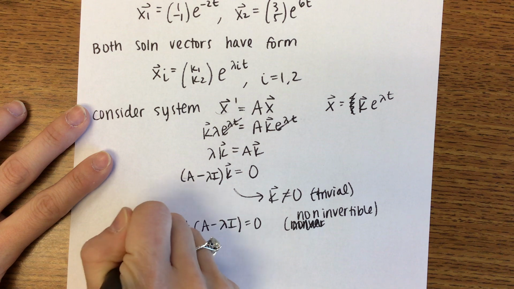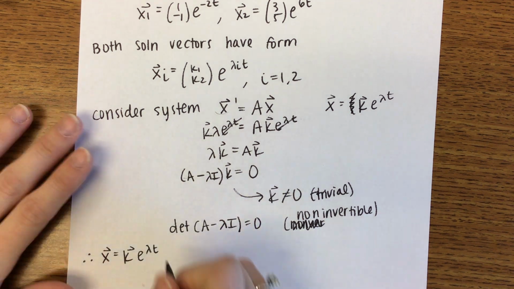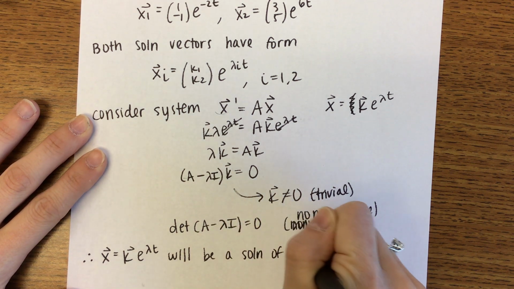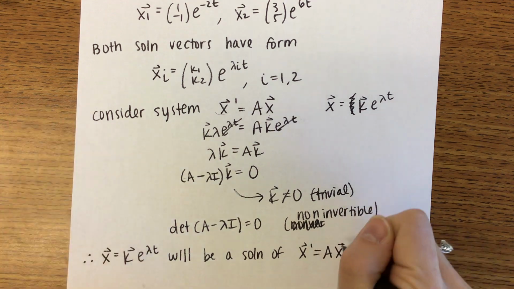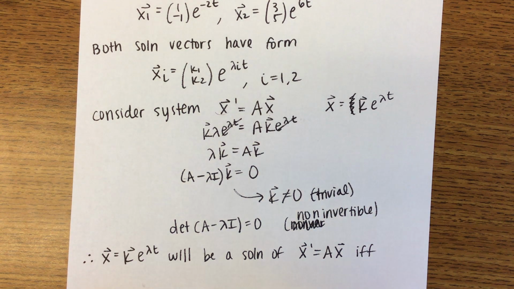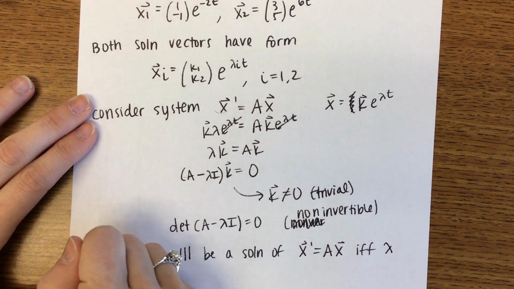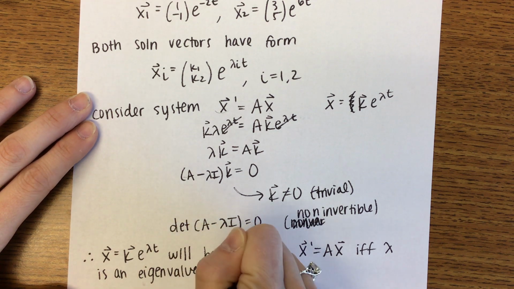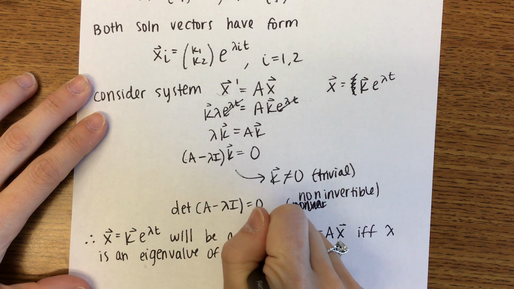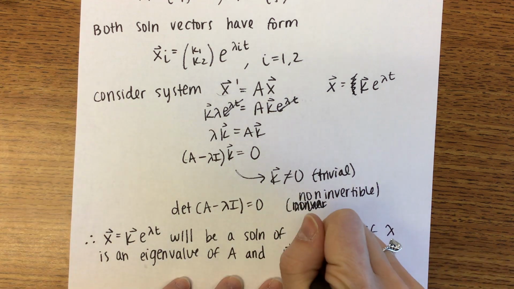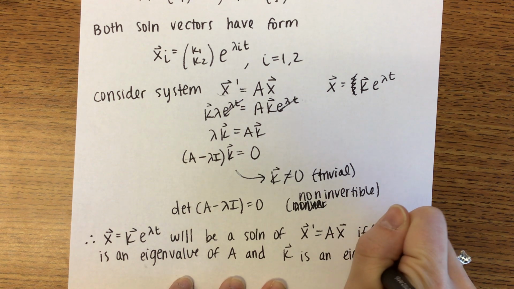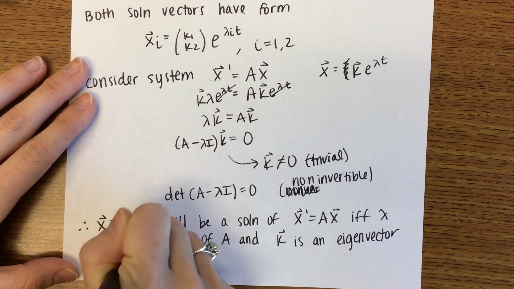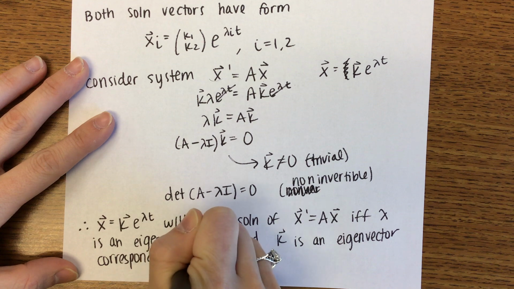Okay, so here's what we learned from that. We learned that x equals k e^(λt) will be a solution of our system x prime is equal to Ax, if and only if lambda is an eigenvalue of A, and k, this should make sense, is an eigenvector corresponding to lambda.